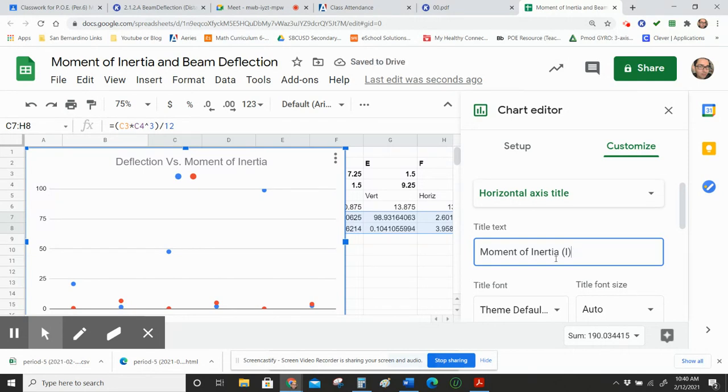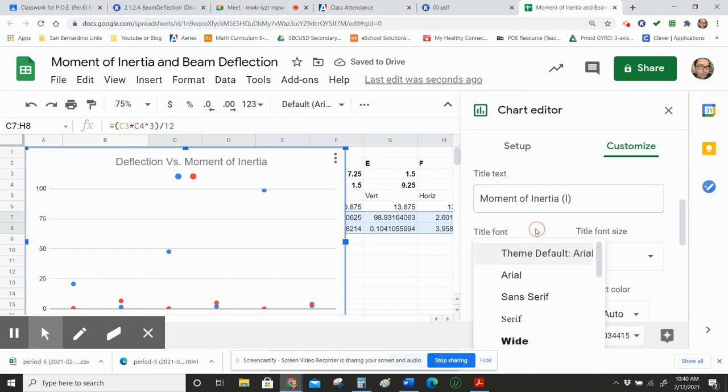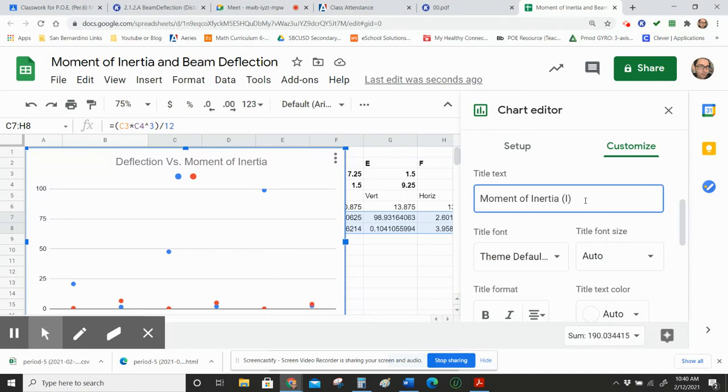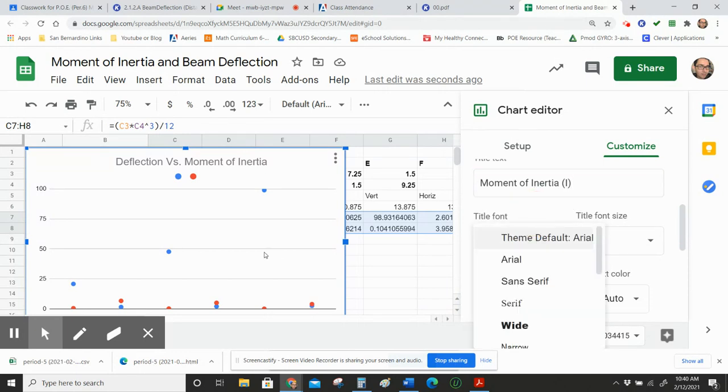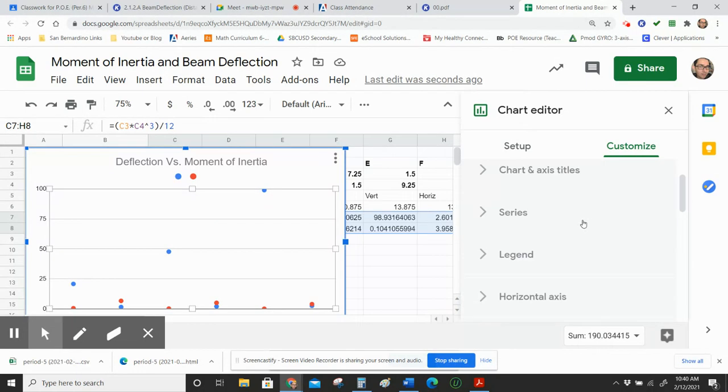And once you agree that that's what you want, you put it on your chart as well.